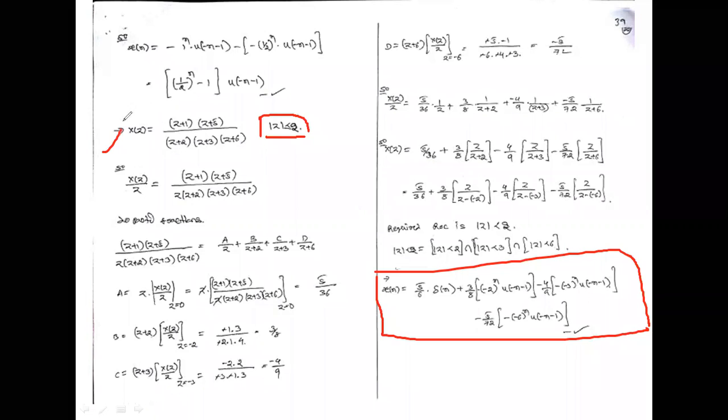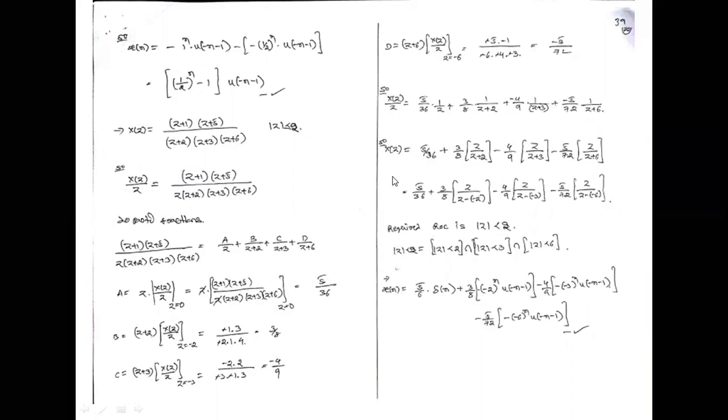For this function X of z, we got x of n as the inverse transformation: 5 by 6 delta of n, 3 by 8 into minus 2 whole power n u of minus n minus 1, minus 4 by 9 multiplied with minus 3 whole power n u of minus n minus 1, and minus 5 by 72 multiplied with minus 6 whole power n u of minus n minus 1. Got it, my dear friends? We go for the next example.